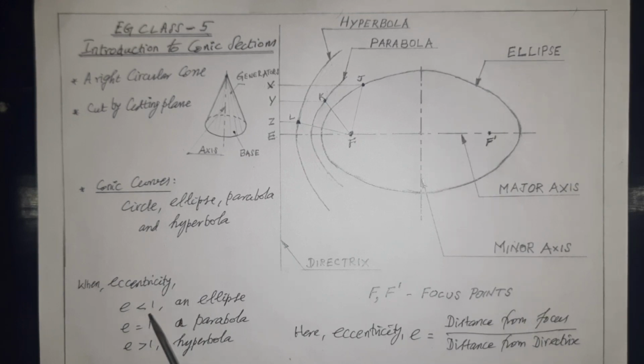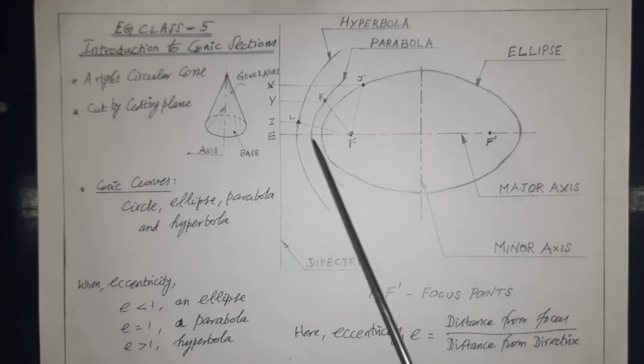This condition should also be satisfied, or otherwise when E is less than 1, it is indirectly assumed that it is an elliptical curve. Then F, F dash, which are given, are called focus points. F, F dash, focus points. It is also important to decide about the curve nature.